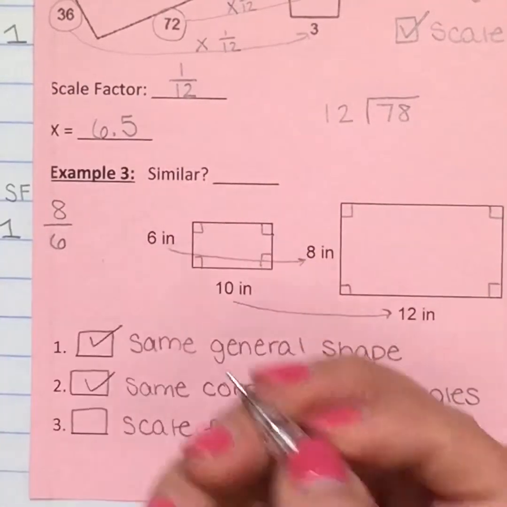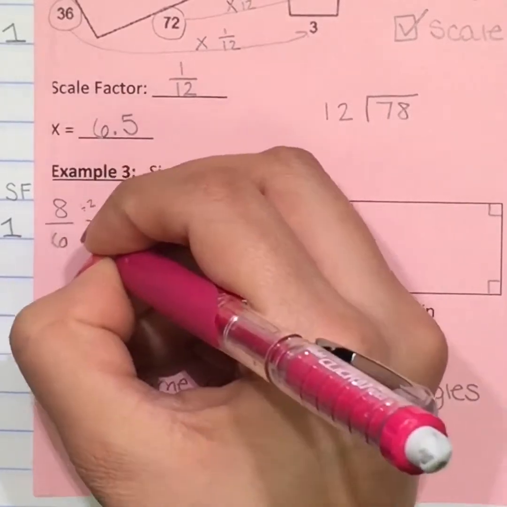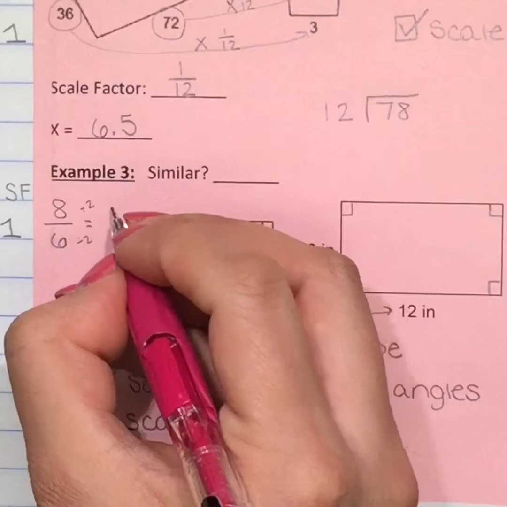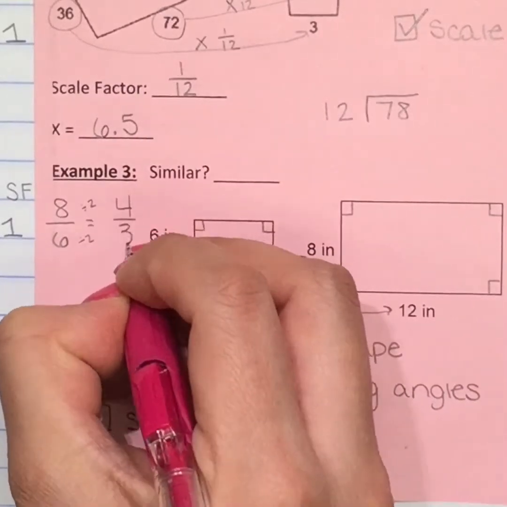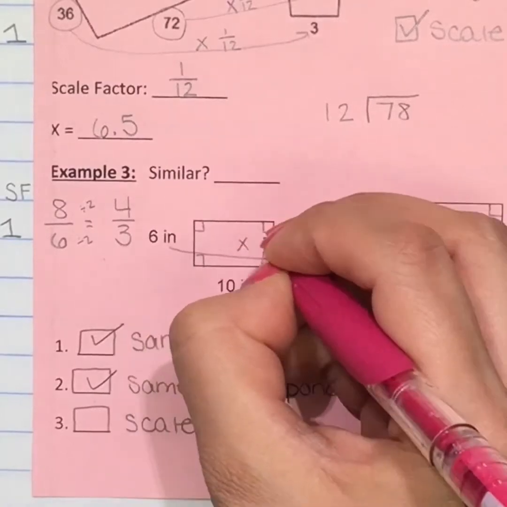And what I can do with this fraction is simplify. Divide by 2, and I get 4 over 3. Okay, and that is the scale factor.